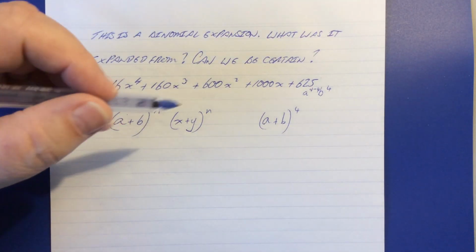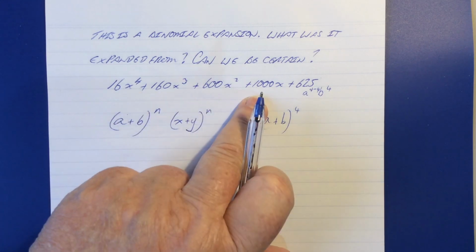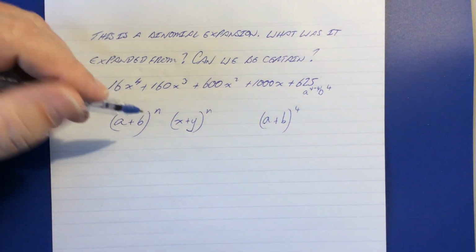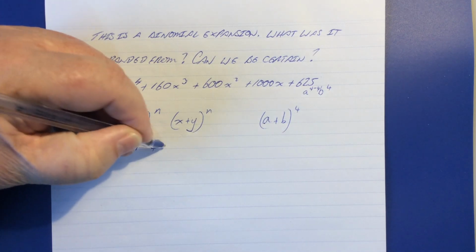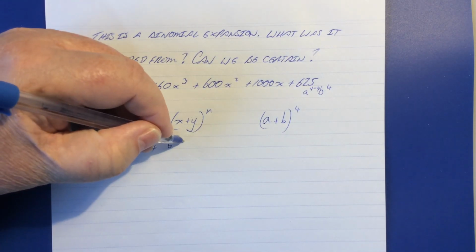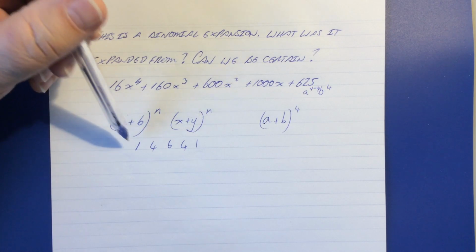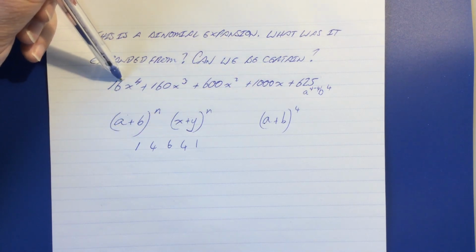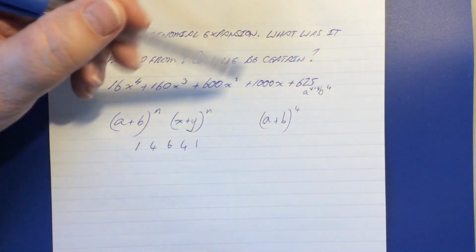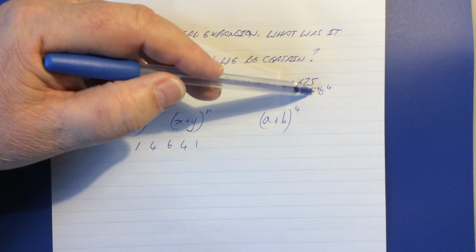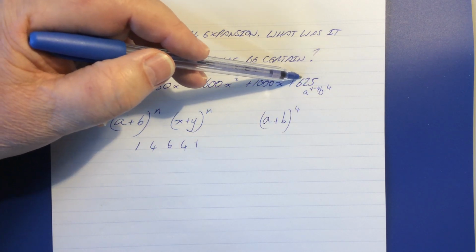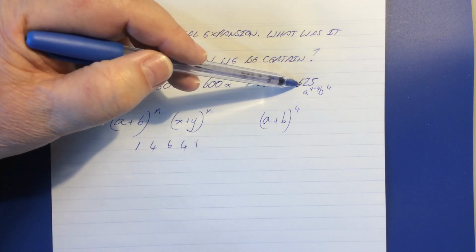The basic coefficient set up for something raised to the power of 4, according to Pascal's triangle, would be 1, 4, 6, 4, 1. So this thing here should have a coefficient of 1, plus whatever else goes on here, and this should have a coefficient of 1, plus whatever goes on here. My betting is that this would be 5.